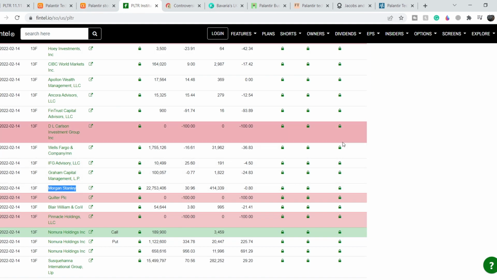But let me show you this. On the Smart Money list, the list of institutional investors in Palantir, on February 14th we have a filing from Morgan Stanley that they increased their position by almost 31%, as you can see right here, and for now they own $414.3 million in value in Palantir. If you divide the value of their position by the number of shares, their average price is $18.2.